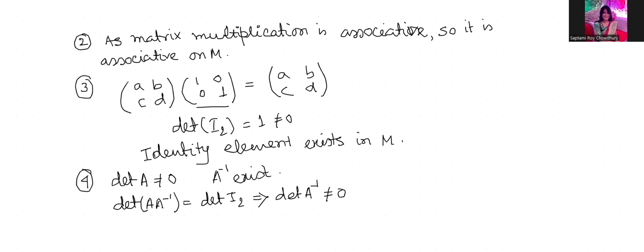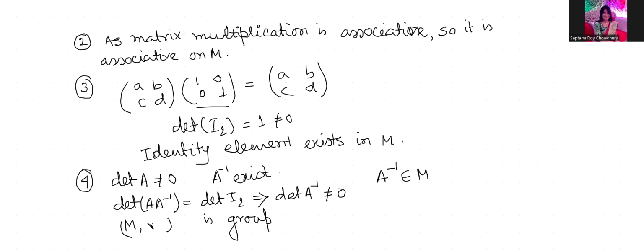That means A inverse belongs to your M set. So we show that A inverse exists and A inverse belongs to M. So the fourth property is also satisfied. That means M comma matrix multiplication is a group. And as matrix multiplication is not commutative, this group is not commutative, or not abelian.